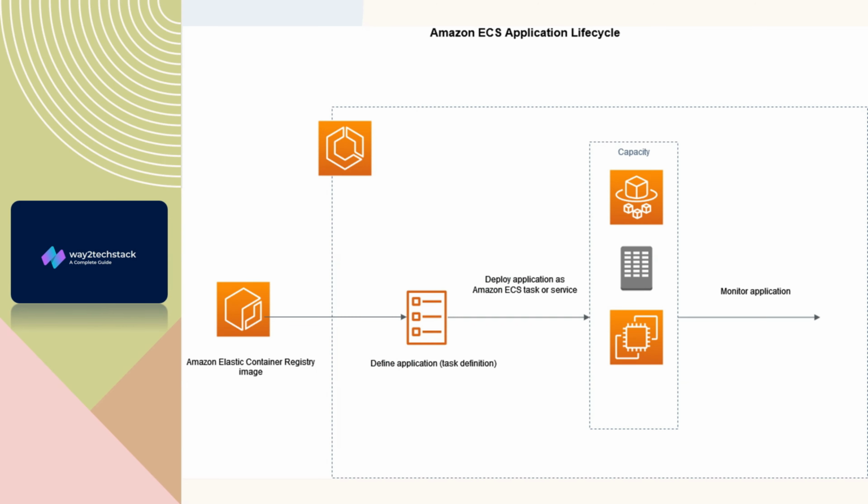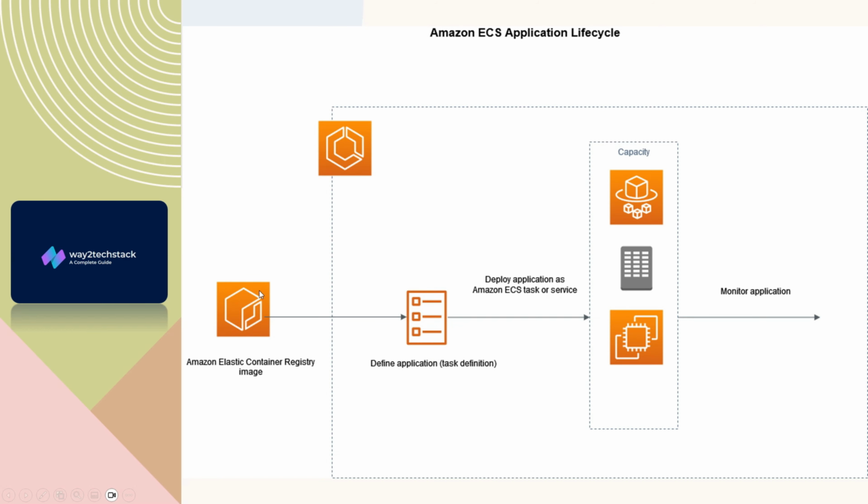Now, let us understand how we can deploy our application on the ECS cluster. You can take any capacity. For example, we can see Fargate profile or on-premises or EC2. What is the basic approach in order to deploy your application? First, you have to create a task definition.